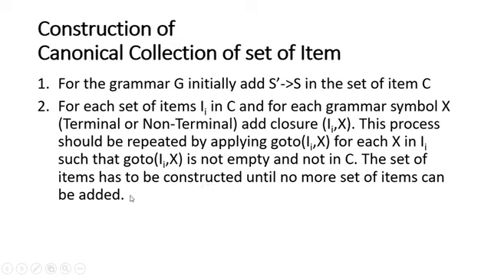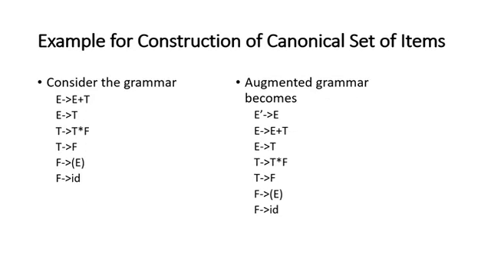Now to understand this entire process, let's take an example. Consider the grammar: E derives E plus T, E derives T, T derives T times F, T derives F, F derives bracket E, and F derives id. For this grammar, the augmented grammar becomes, we add one more line on the top of it, which is called the augmented line. So E dash derives E and the rest remains the same.